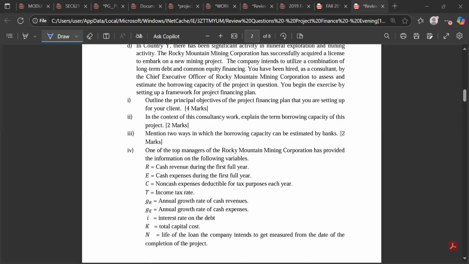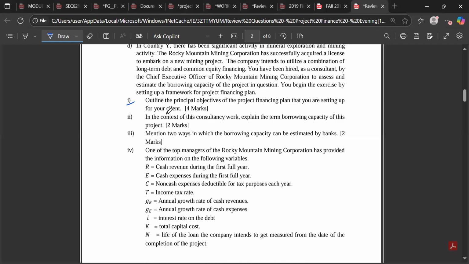Thirdly, we're trying to ensure repayment of lenders through predictable future mining revenues. And lastly, we're trying to support sustainable operations over the project horizon. That's the first part of this question.